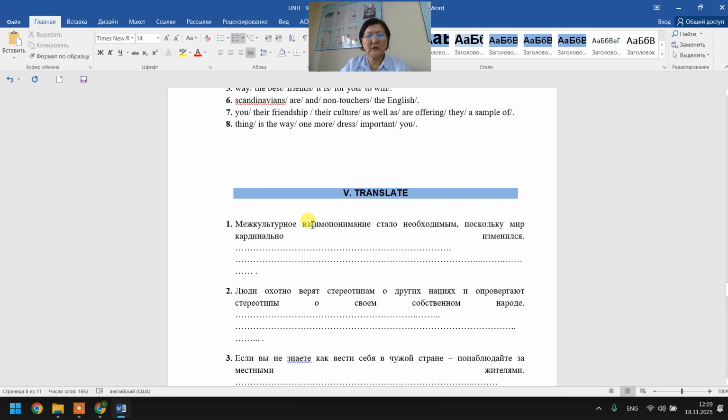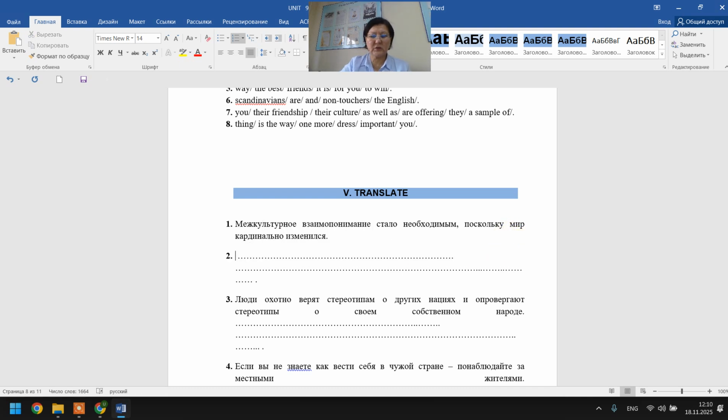Okay, now next we have to translate this sentence into English. While translating we have to pay attention to using the active vocabulary of the text. Yes, межкультурное взаимопонимание. Intercultural. We know this word.